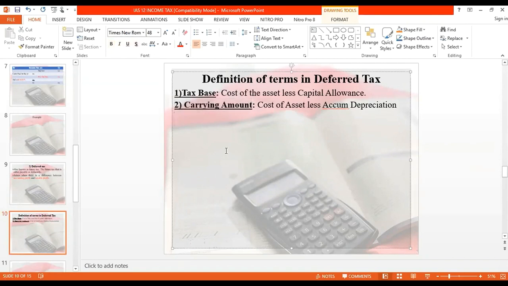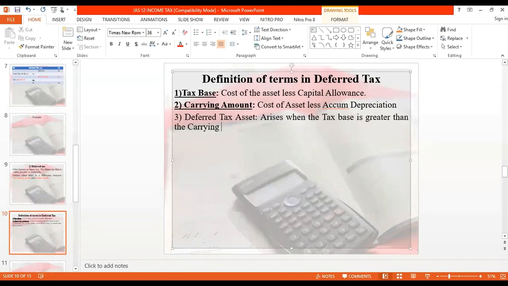Now, the third definition that I want us to define, which is very common in exams, is deferred tax asset. Deferred tax asset arises when the tax base is greater than the carrying amount.